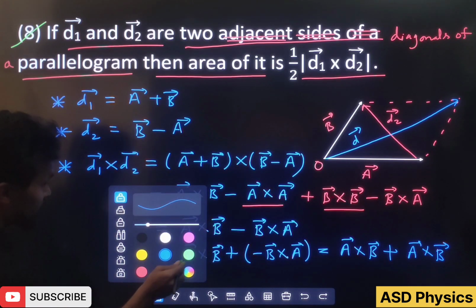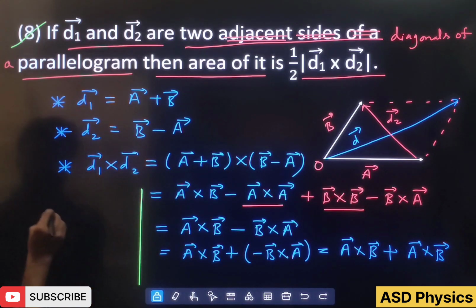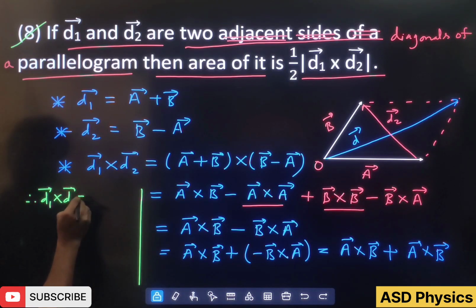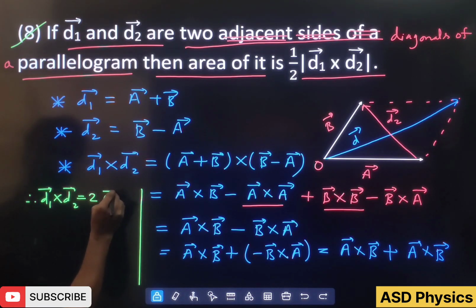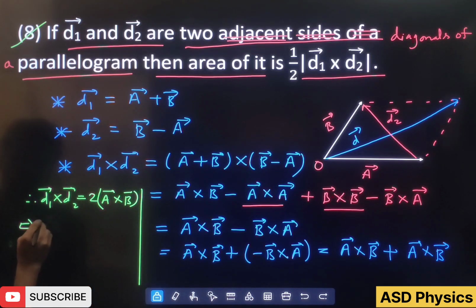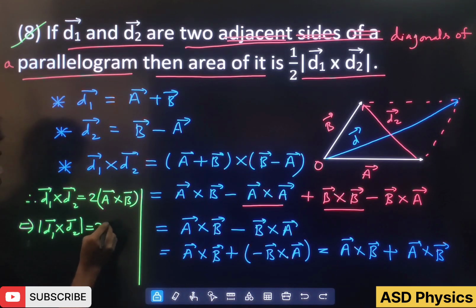Hence D1 cross D2 is twice of vector A cross B. And if I write the magnitude, mod of D1 cross D2 is twice of mod of A cross B.